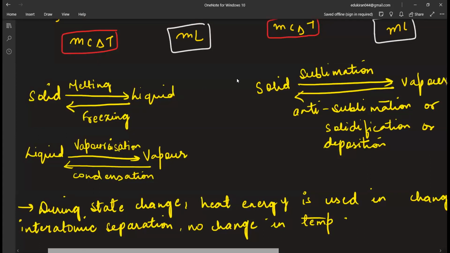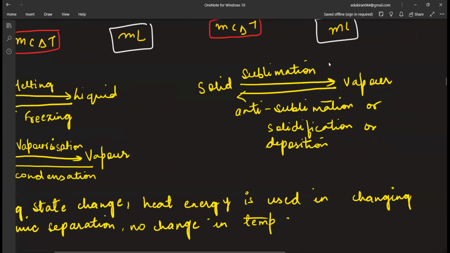If solid directly changes into vapor without passing through liquid, we call it sublimation, and the opposite, when vapor directly changes to solid, we call it anti-sublimation, solidification, or deposition.